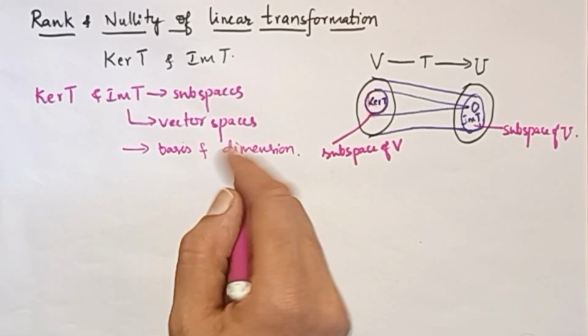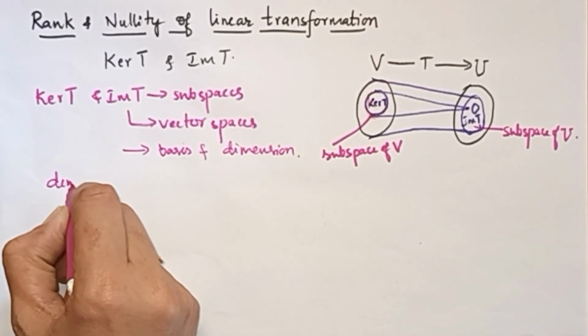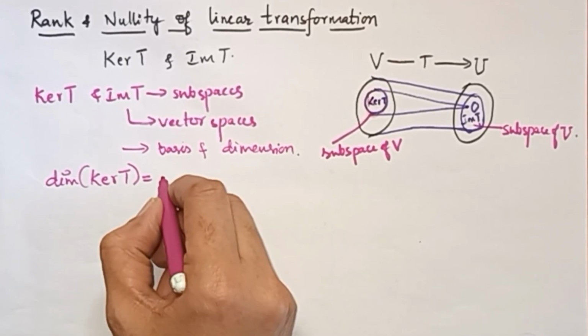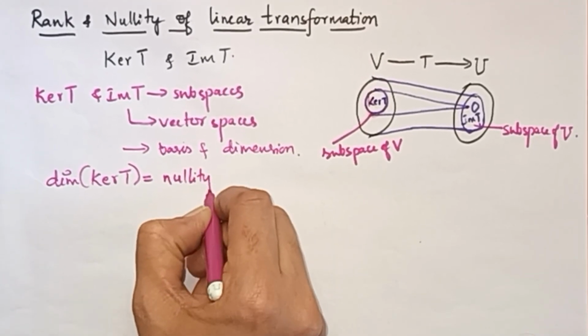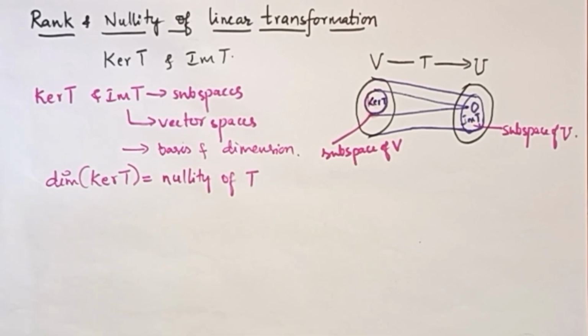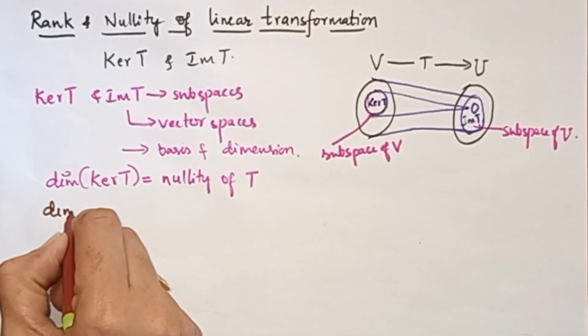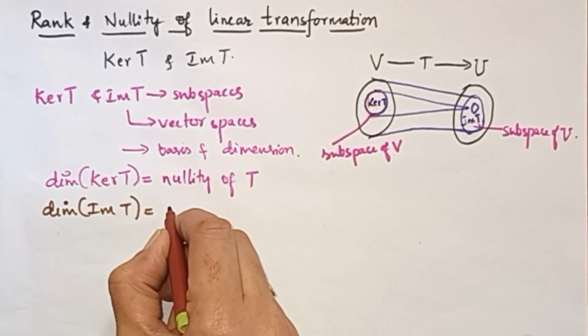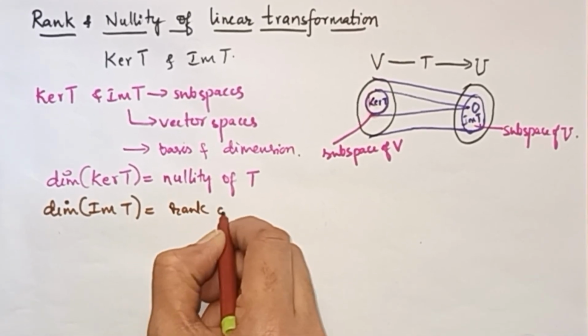So what is the dimension of kernel of T? The dimension of kernel of T is called the nullity of T. Similarly, the dimension of image of T is called the rank of the transformation.